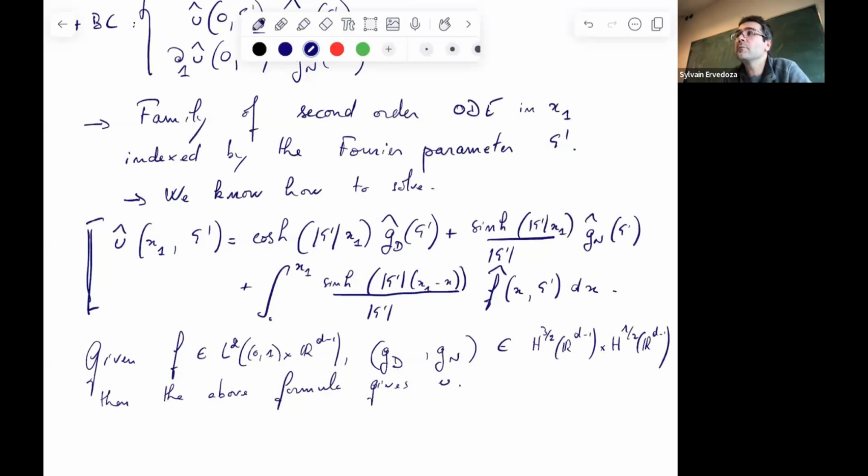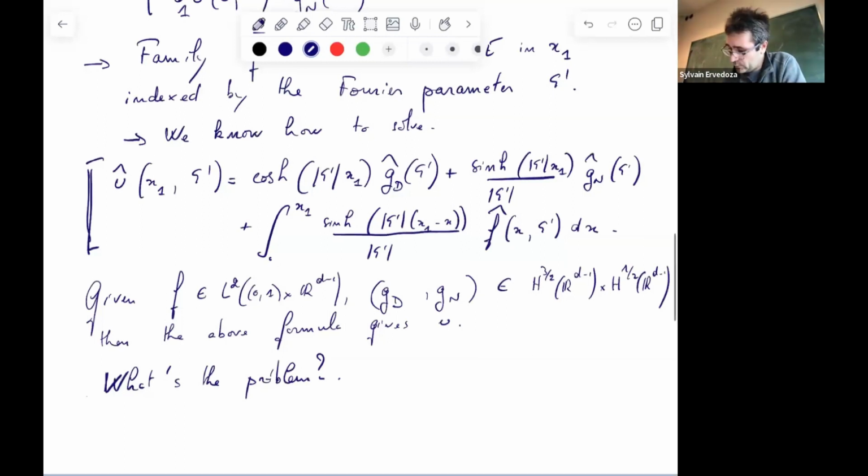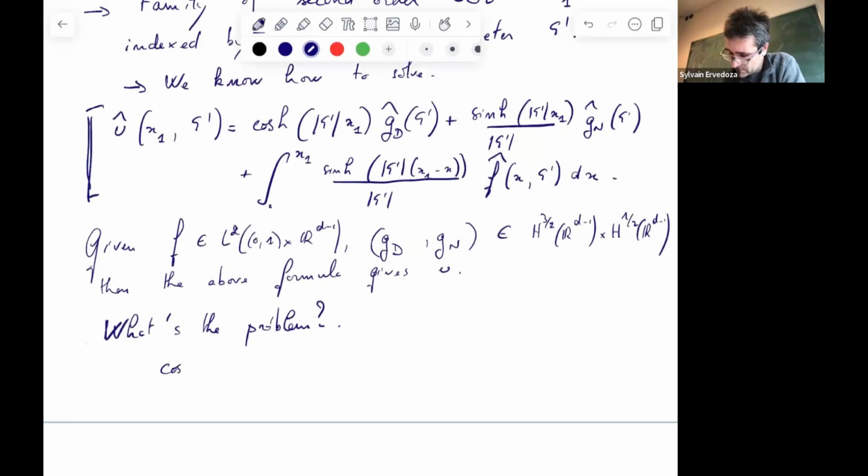The difficulty here, so there is a problem. What's the problem with that formula? The problem is that this is in Fourier, right? So in principle, we'd like to have U defined in the physical space. But the difficulty here is that, for instance, in cosine hyperbolic of psi prime x1, in this term here, but in fact in all these terms, right?